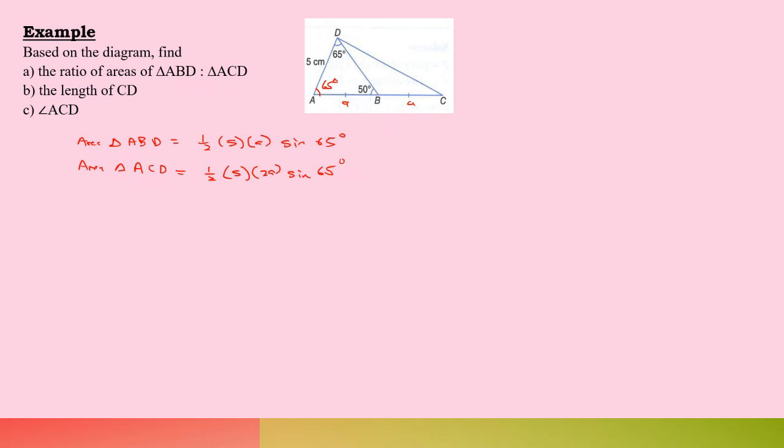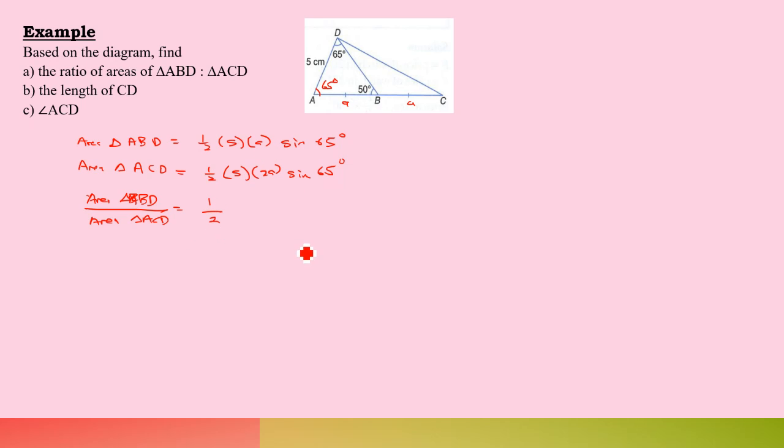So divide the area of triangle ABD over the area of triangle ACD. When you divide, can you see sine 65 cancels off, half cancels off, 5 cancels off, A and A cancel off, so you're left with 1/2.